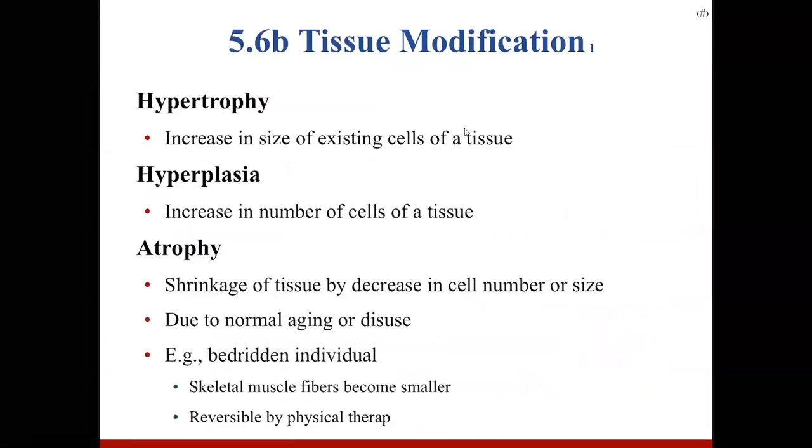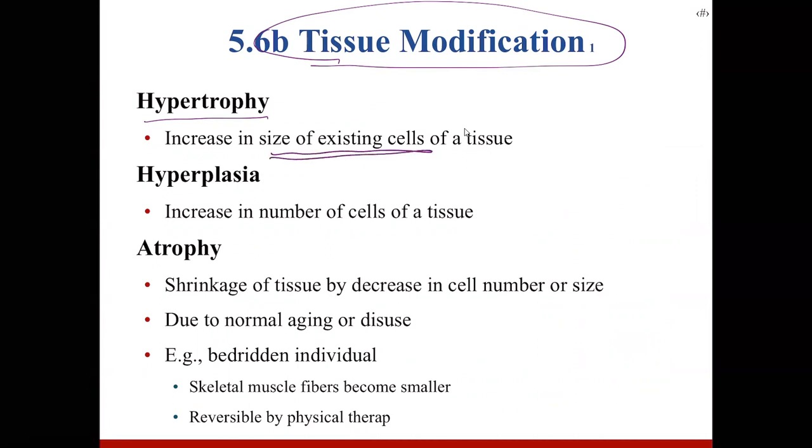Now I want you guys to get the idea of how tissue can change. If your tissue gets bigger, those cells get bigger, that's called hypertrophy. Think about somebody exercising and making their muscles bigger. That's hypertrophy.